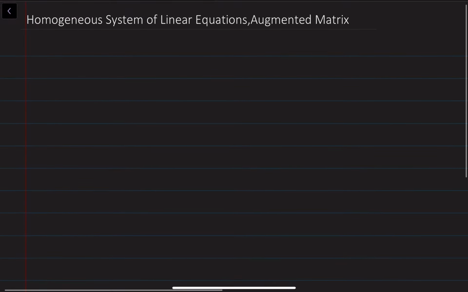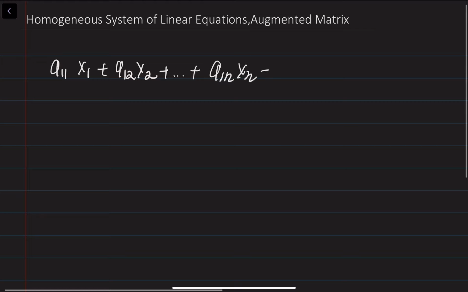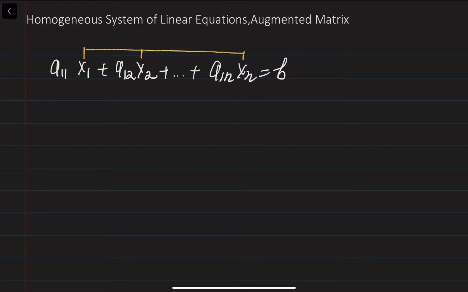a11x1 plus a12x2 plus and so on plus a1n xn is equal to b1, where x1, x2, and so on xn are the variables of this equation.